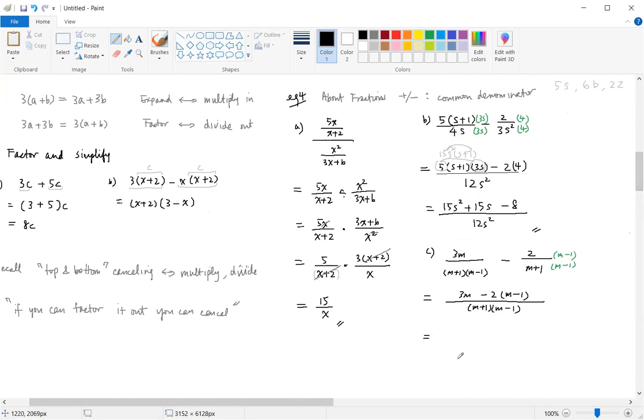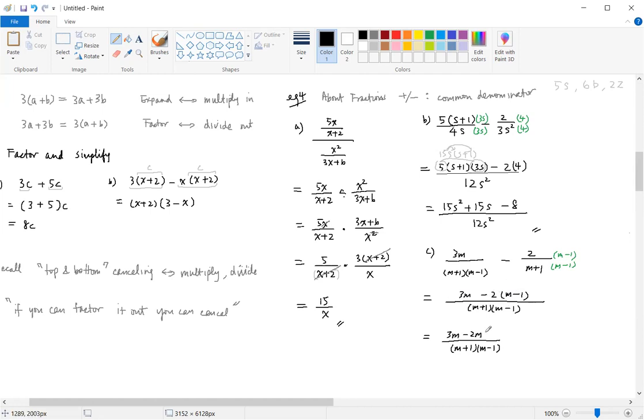Bottom is nicely factored. We don't touch it. The top is not factored, although we see some brackets here. Factoring means you break them into multiplying blocks. This is adding, subtracting, so the top is not factored. So we have to expand and simplify. Especially when you subtract, you definitely need this bracket.